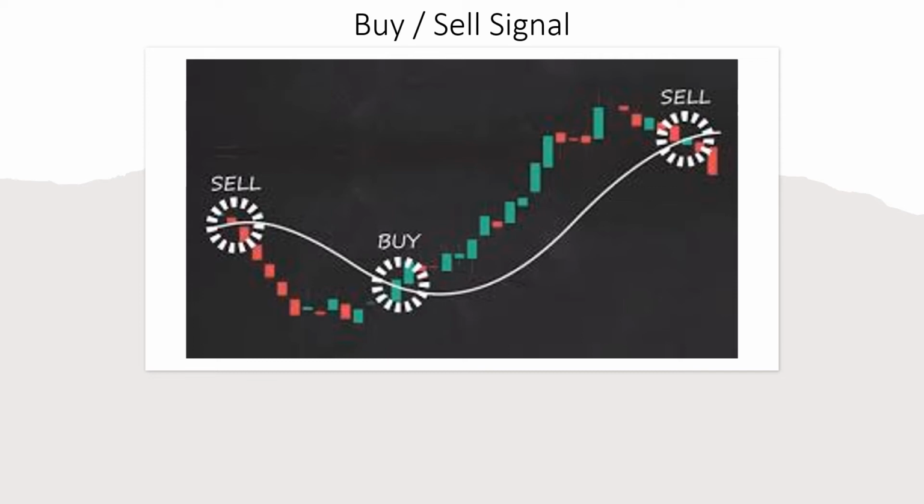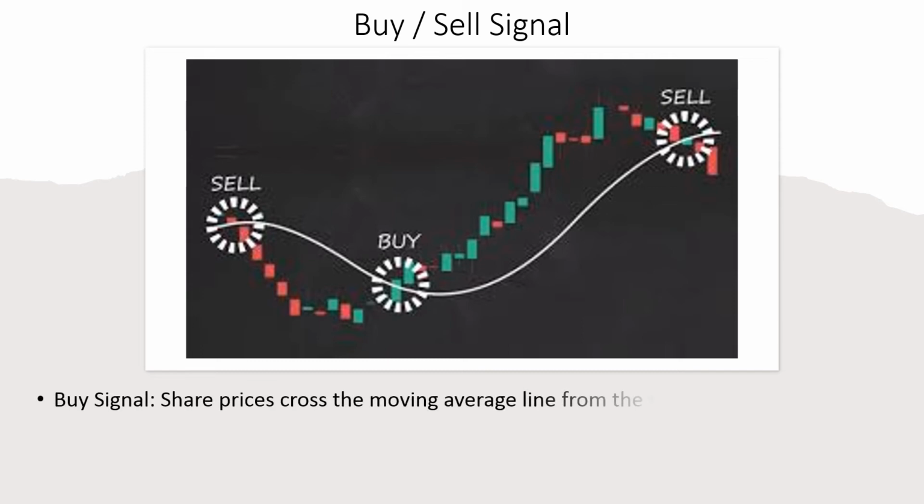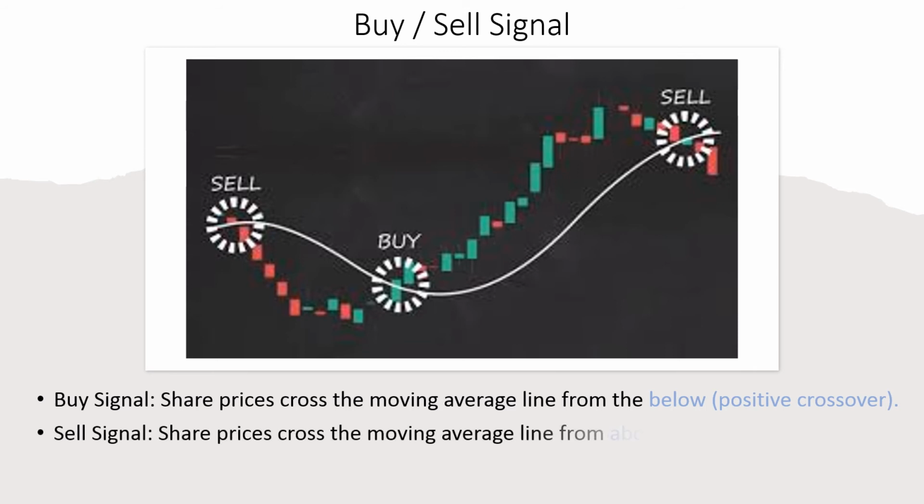Buy signal appears when the share prices cross the moving average line from below. This is known as positive crossover. A sell signal appears when the share prices cross the moving average line from above, which is a negative crossover.